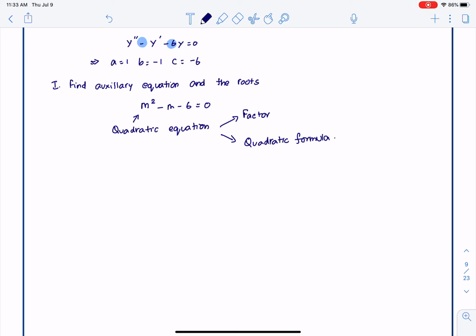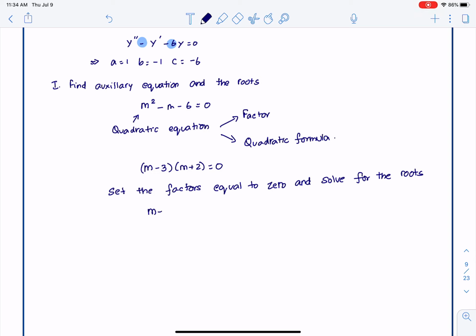The two factors are m minus 3 times m plus 2. Set the factors equal to 0, and solve for the roots.